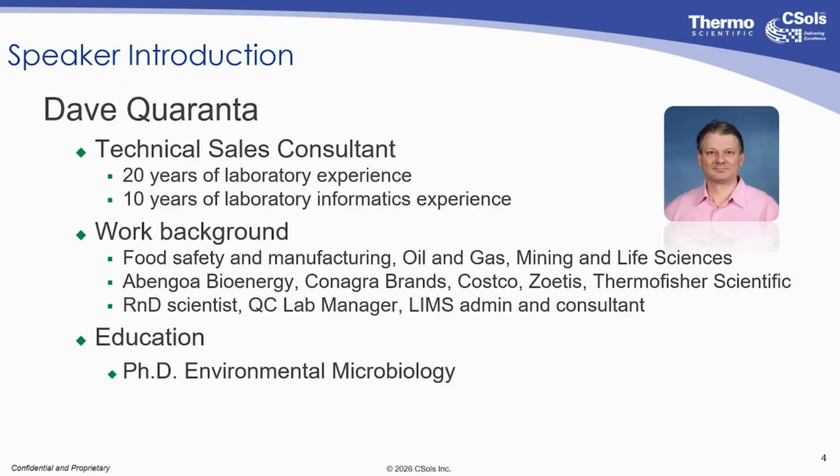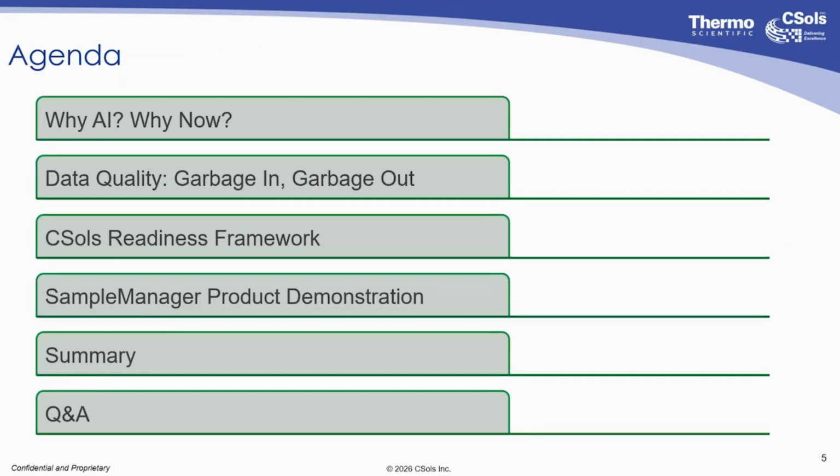Thanks. Right, so now we're going to take a quick look at the agenda. The highlight of this webinar is the SampleManager product demonstration, which will be given by Dave shortly. It's focused on AI support for decision making, along with some data visualization tools, which are available now with some relatively simple configuration in SampleManager.